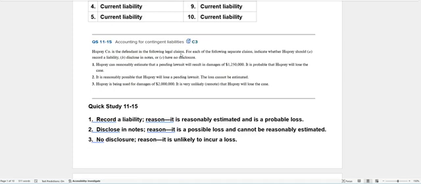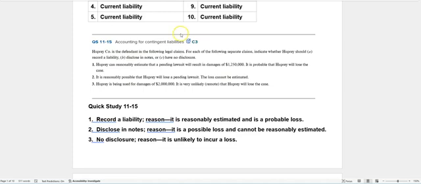If it's reasonably possible that the liability will occur, that the lawsuit will be brought, and we can reasonably estimate the amount of the liability, then we would record it into the accounting system and report it within the balance sheet statement.